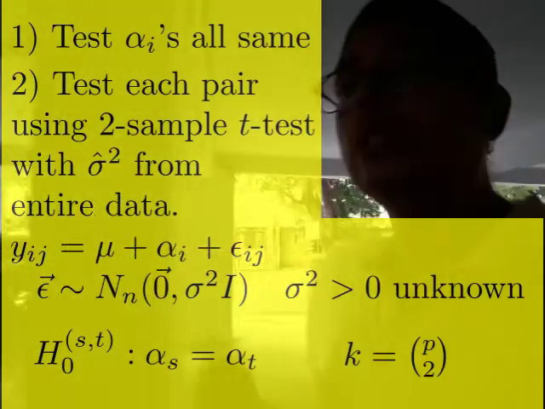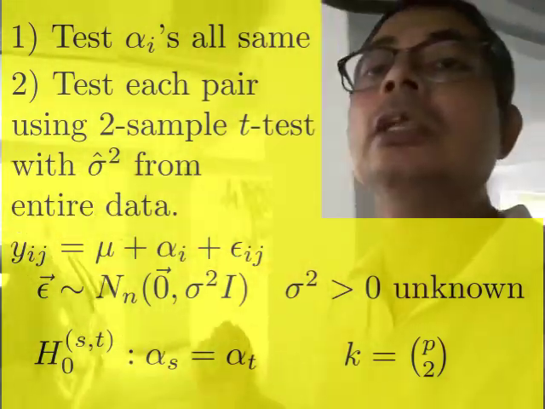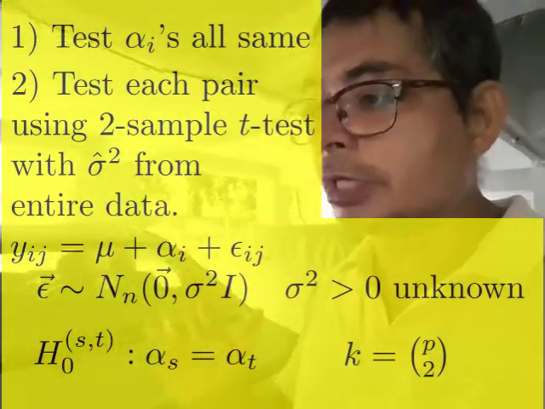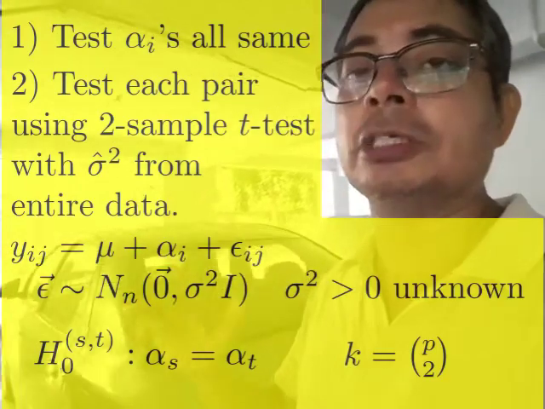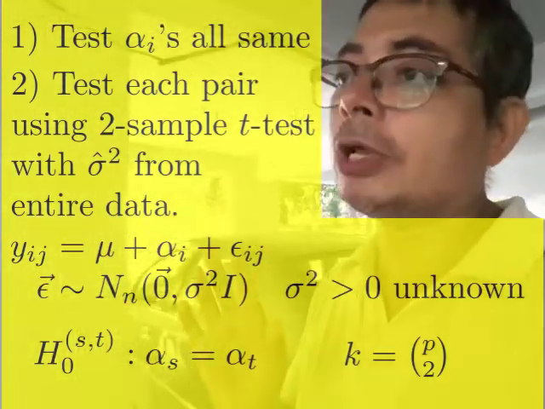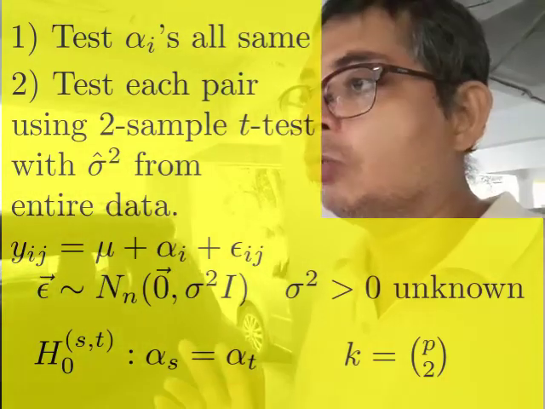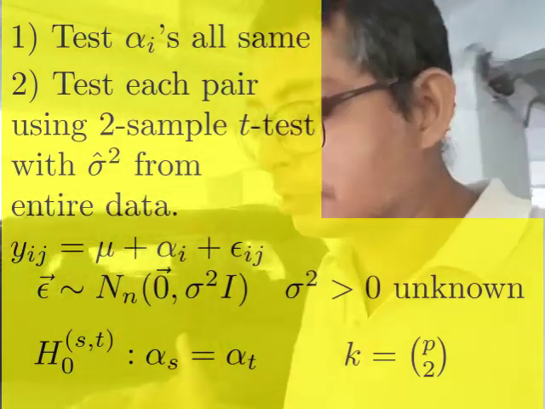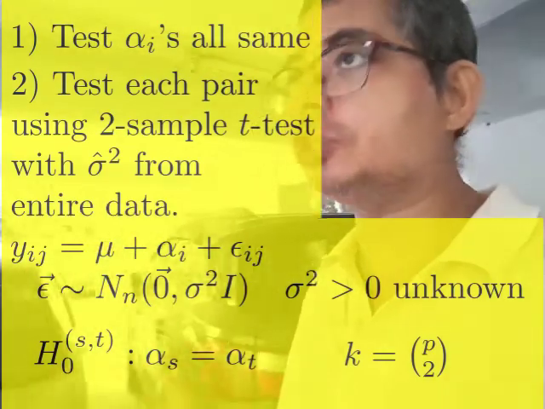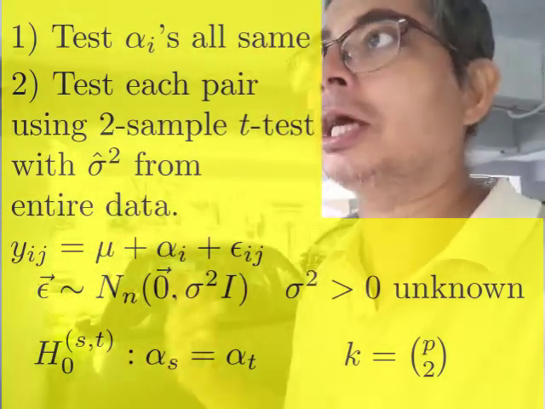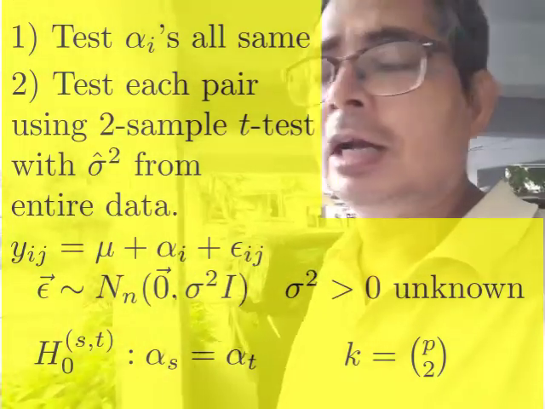However, there is a little difference: when you are using a t-test, you need some estimate of sigma square. Now, when you are carrying out our usual 2 sample t-test, there are actually different situations. You might say that both the sigma squares are the same, or they are different. Depending on that, there are different variations.